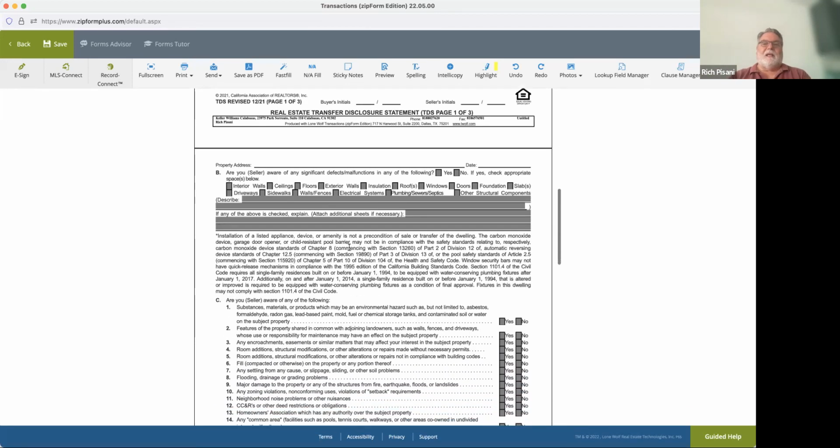Then, this next one is significant defects or malfunctions in the following. If they know of anything, they need to disclose it here. Now, if they've shared something with you, you cannot fill this out for them.